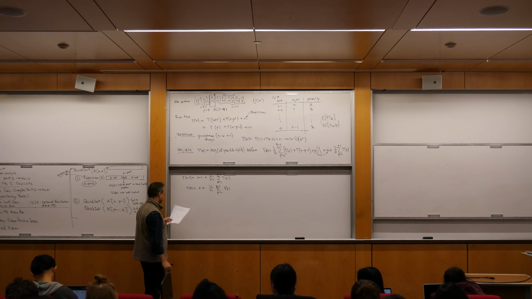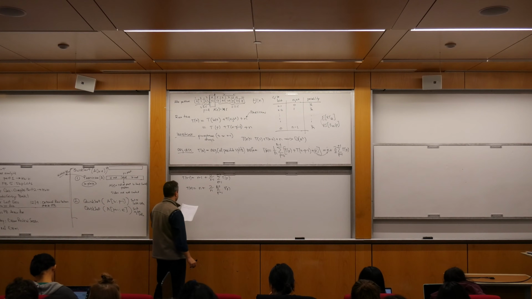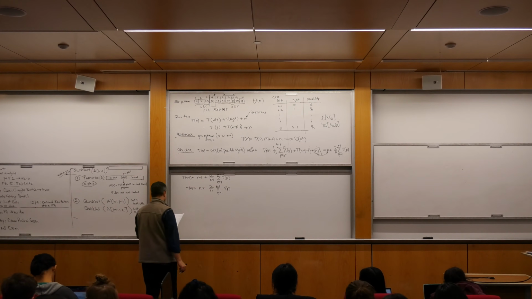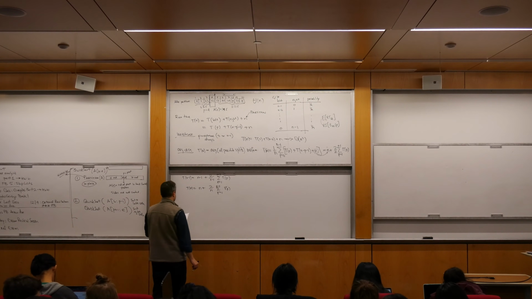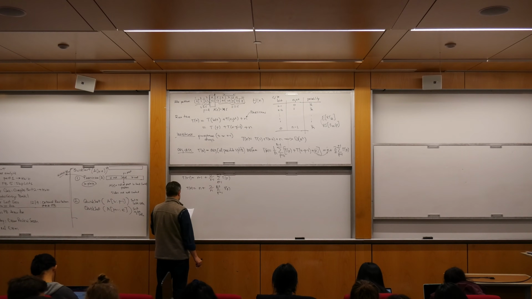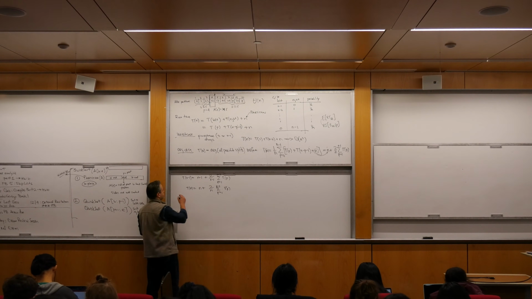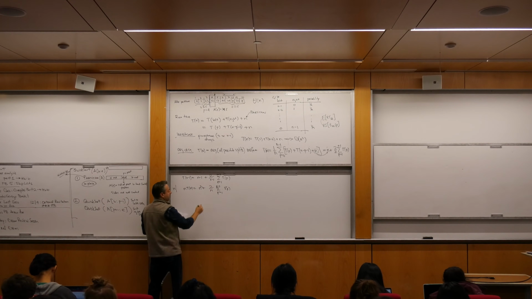But I want to multiply this with n. So if I multiply with n, I get n T of n, it's n squared.